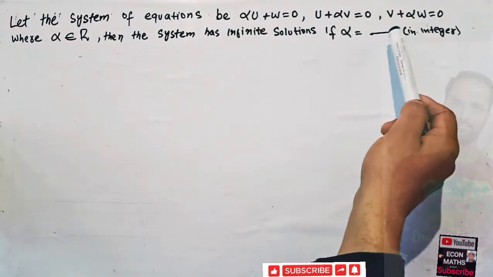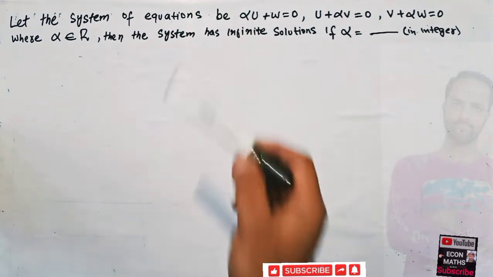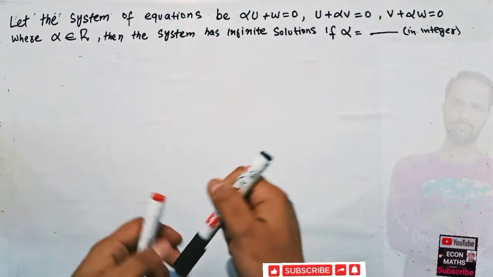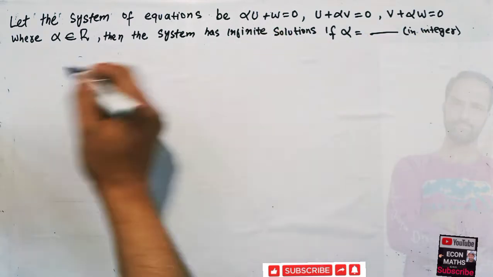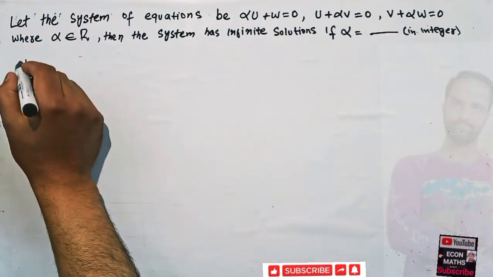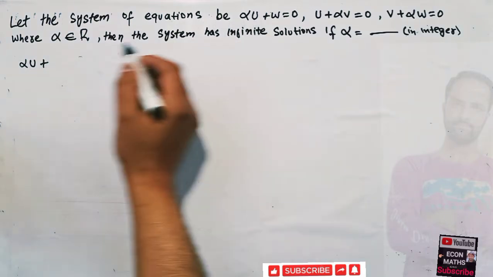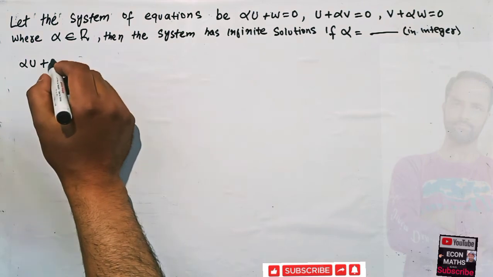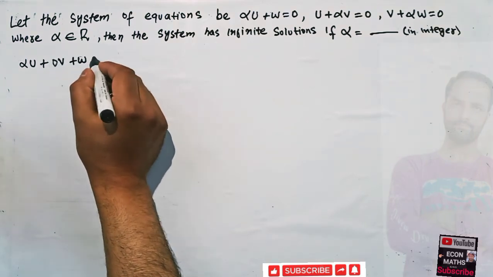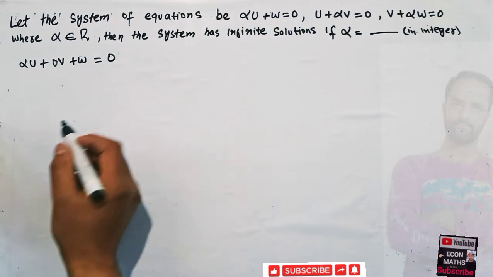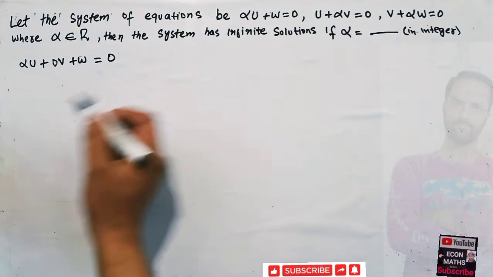If alpha is equal to, we have to find the value of alpha here, for which this system of equations has infinite solutions. Okay, so let us write these equations first. So we have alpha u plus, in place of v, I can write 0v plus w is equal to 0. So 0 times v is 0, so we are left with alpha u plus w.